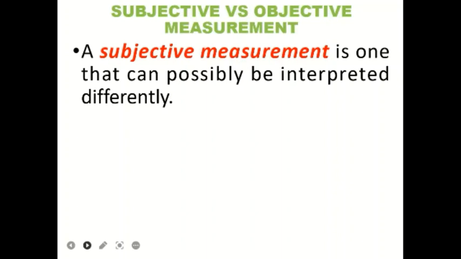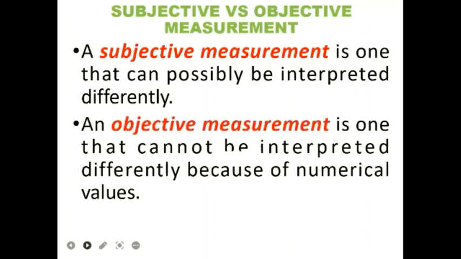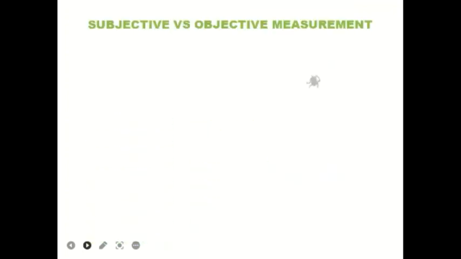Beauty is measured based on the person's individual perception. But an objective measurement is one that cannot be interpreted differently because of numerical values and, of course, because we are all following an agreed rule of measurement.